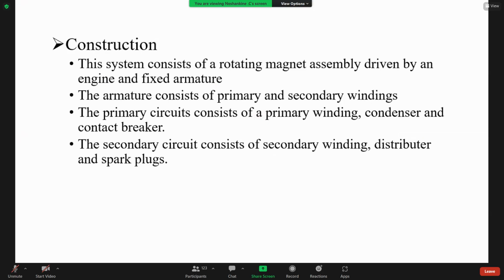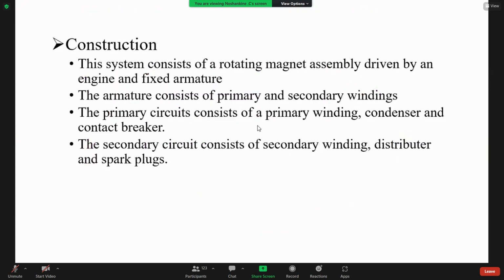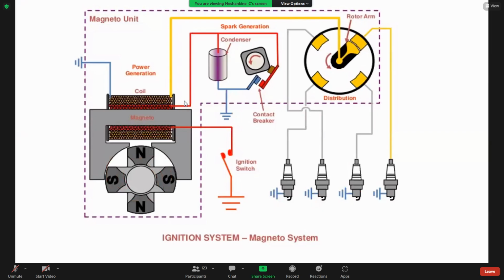The armature consists of primary and secondary winding, the red color and yellow color ones. The primary circuit consists of primary winding, condenser and contact breaker.